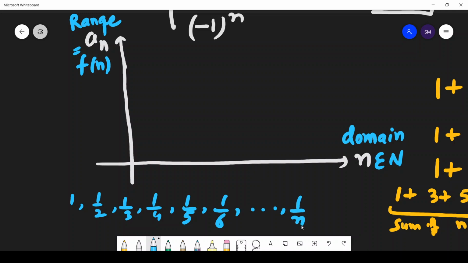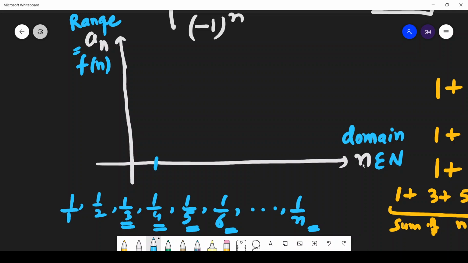Very good. So first term is 1 by 1, second term is 1 by 2, third term is 1 by 3, fourth term is 1 by 4, fifth term is 1 by 5, sixth term is 1 by 6. So nth term will be 1 by n.